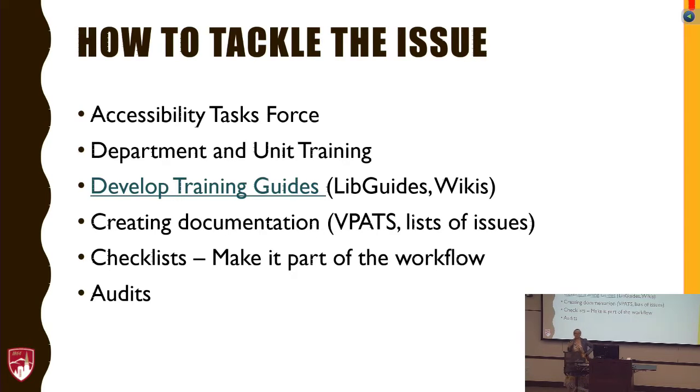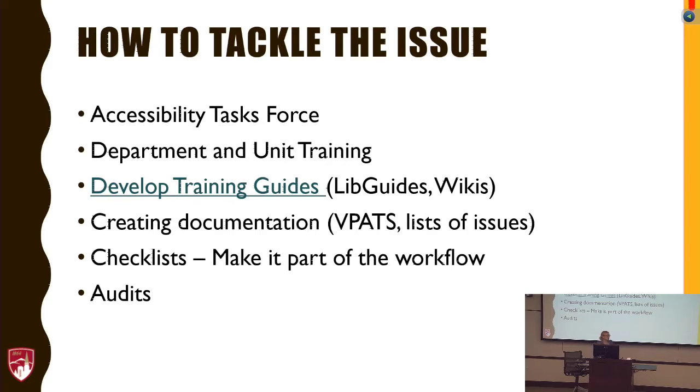So a lot of what we're talking about in this accessibility task force is what materials, what are we going to do? Databases. Had no idea because they don't deal with technical services or purchasing. VPATs.